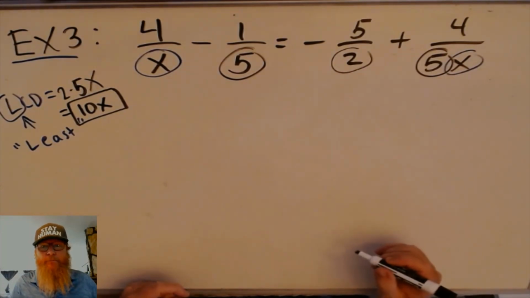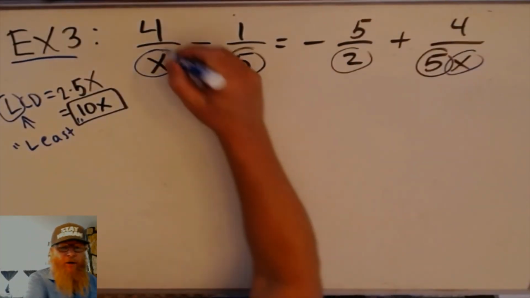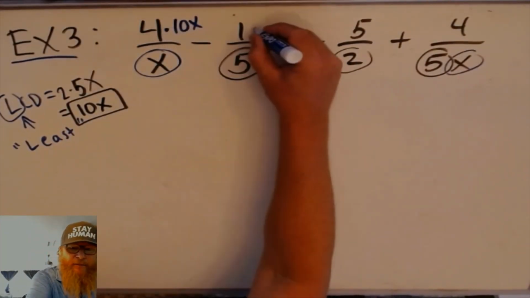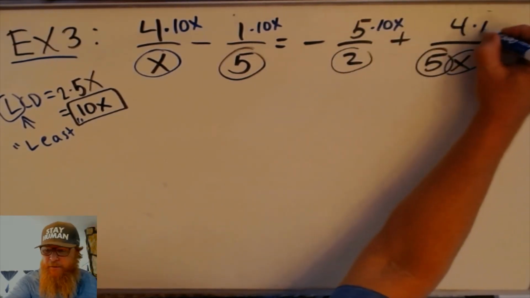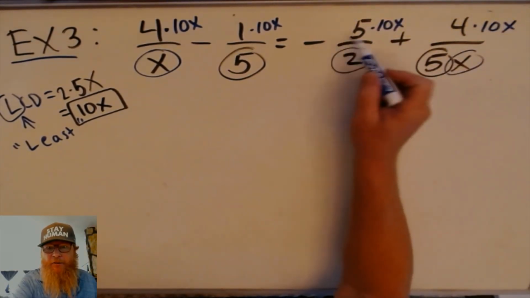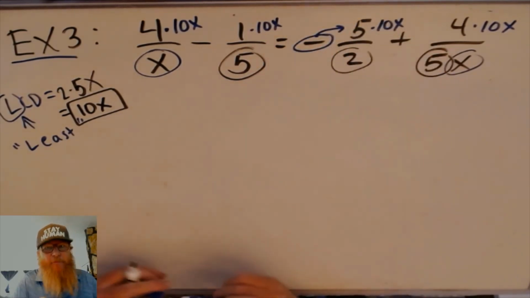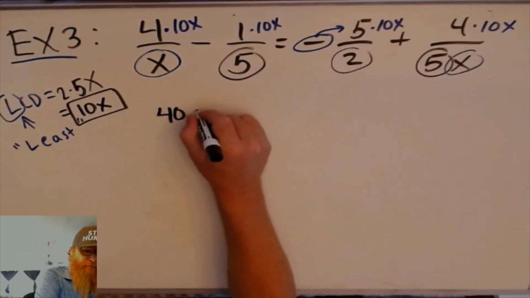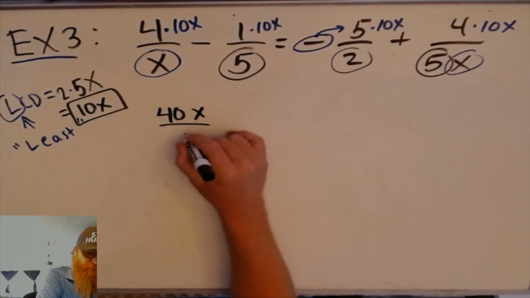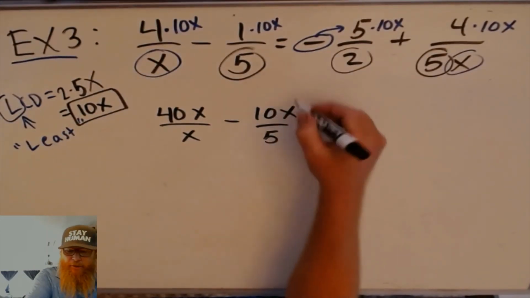All right. So now we're going to go across the numerators and multiply them all by 10x. Make sure you do all the numerators. Here's a little trick that I use for negative fractions. I bring the negative up to the numerator. It's a lot safer to have it up there. I'm just rewriting it.